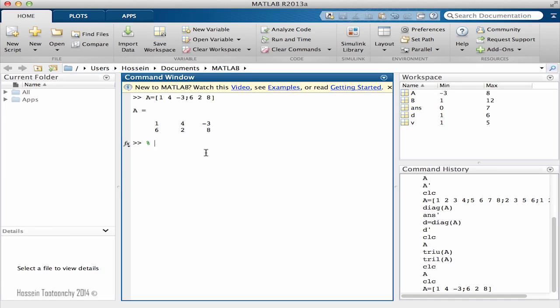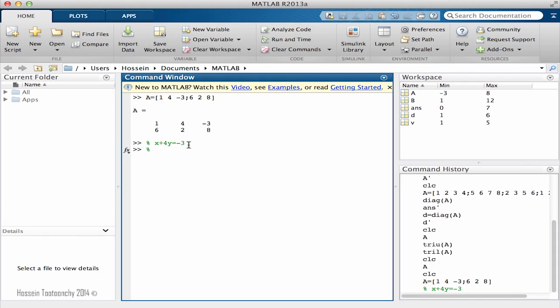So the whole system of equations was like x plus 4y equals -3. So the first line I represented this way, and the second one was 6x plus 2y equals 8.